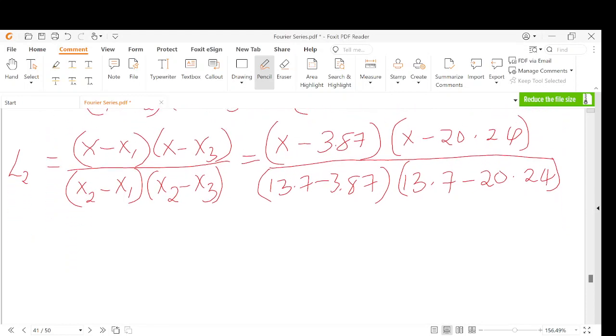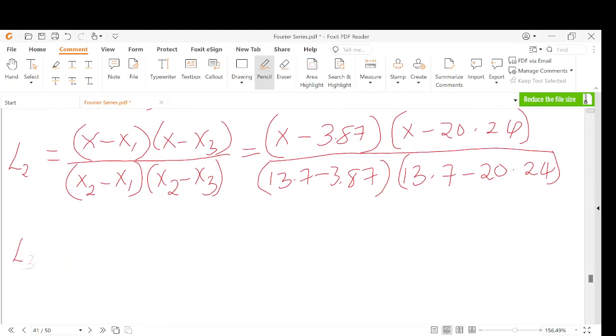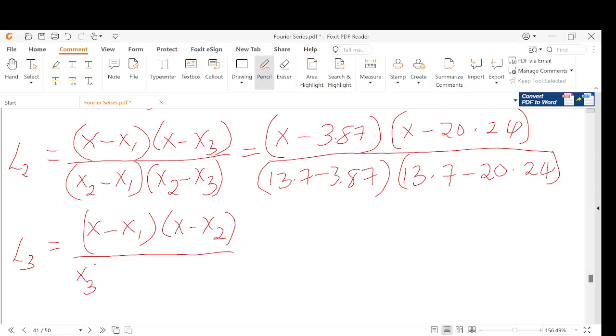And finally, L3 will be x minus x1, x minus x2. Notice that this time I will not take the value of 3. So the denominator we have x3 minus x1, then x3 minus x2.